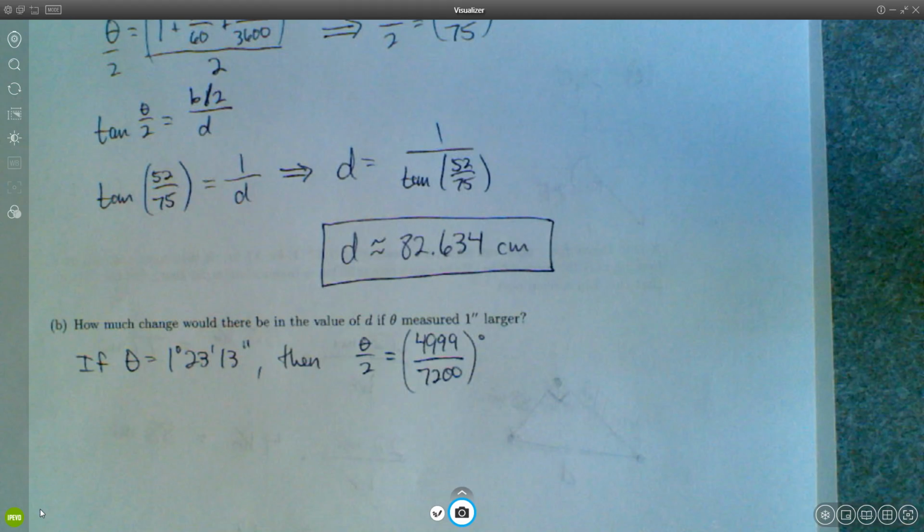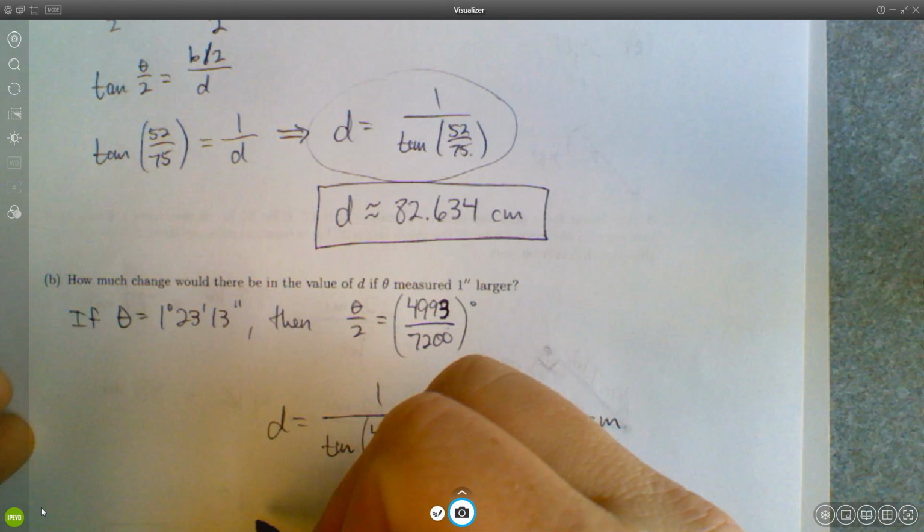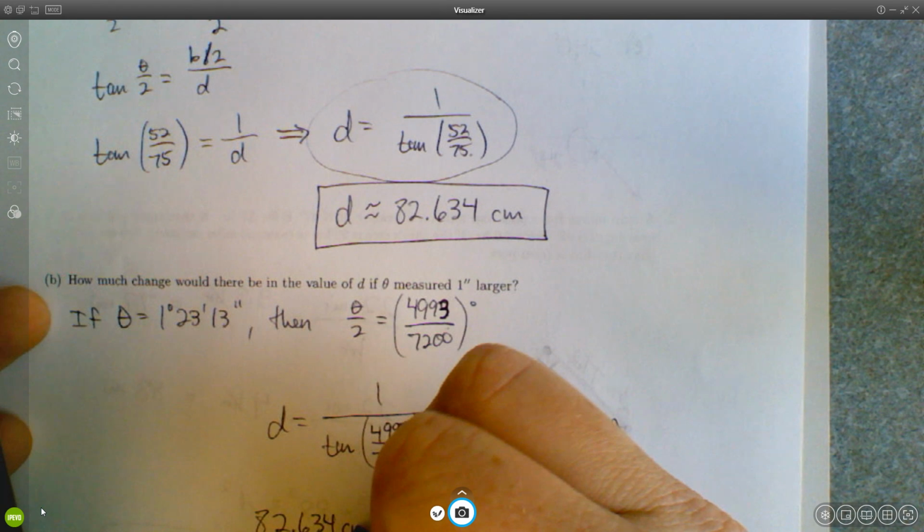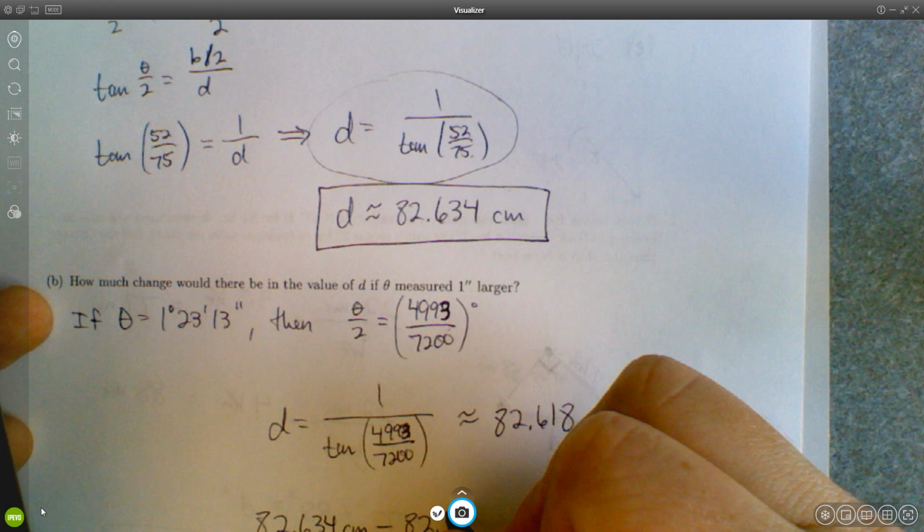So we would do 82.634 minus 82.618, and that comes out to 0.016 centimeters. So that's how much change there would be if you measured just 1 second differently, which goes to show you, you've got to be really careful about how accurately you measure. Okay. So there you go.